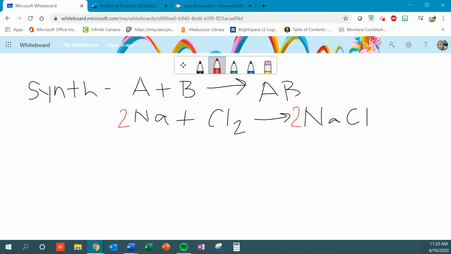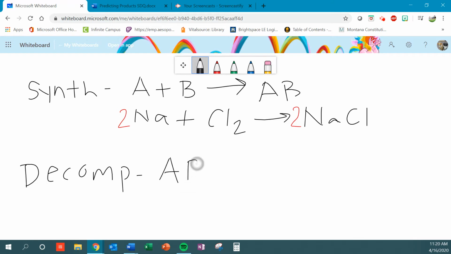Okay. So the next type of reaction that we learned about is decomposition. And decomposition is exactly the opposite of synthesis. So it's taking a larger molecular compound and then it breaks down in the reaction into two smaller elements or compounds. Okay.